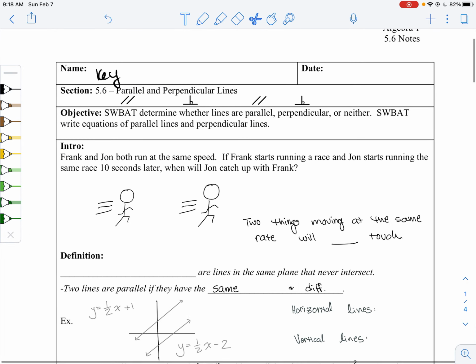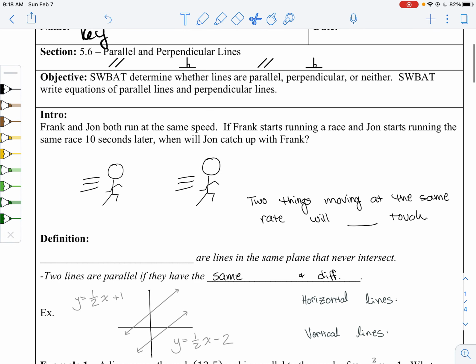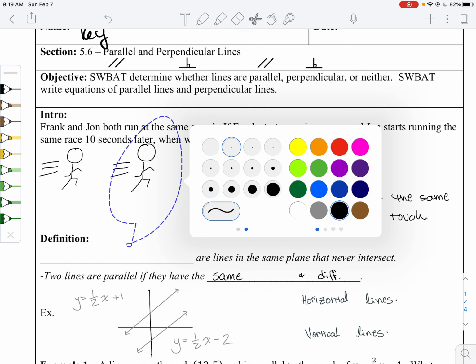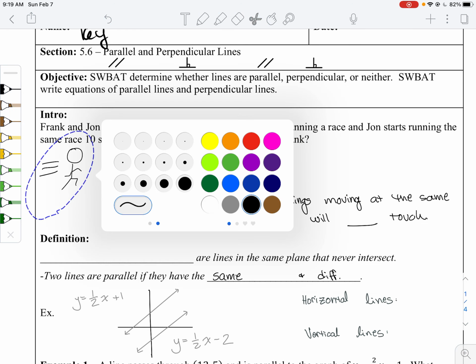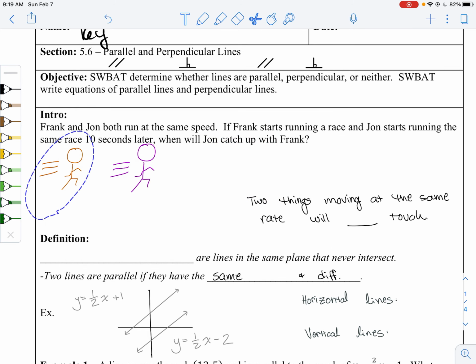So let's get started. If we have our two friends, Frank and John, we know that they run at the same speed. Frank starts running a race, and we'll make him purple, and John, whatever that is, starts running the same race 10 seconds later.